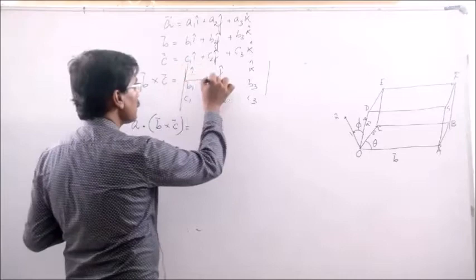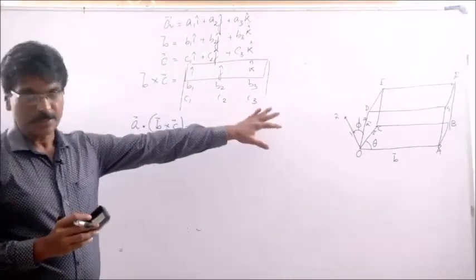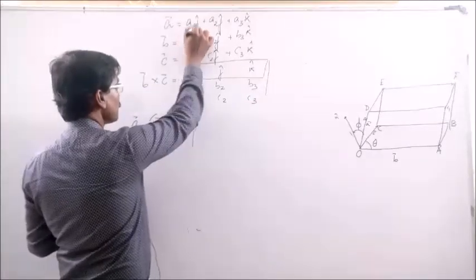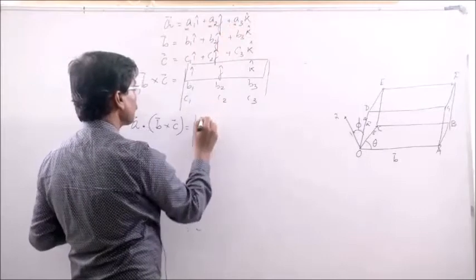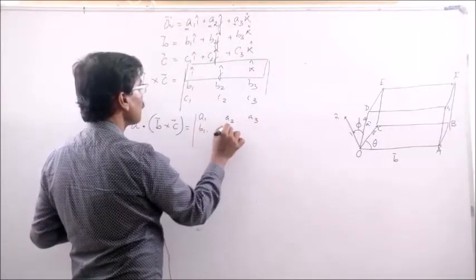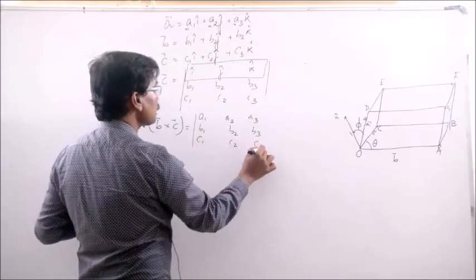Now replace the unit vectors i cap, j cap, k cap by the components of A vector. So the components of A vector are A1, A2, A3. So this is nothing but A1, A2, A3, B1, B2, B3, C1, C2, C3.